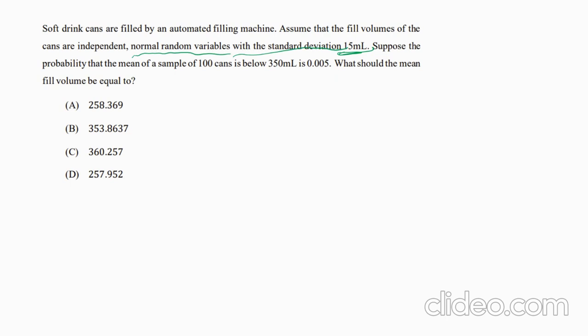Now suppose the probability that the mean of a sample of 100 cans, okay, so n is equal to 100, is below 350 ml is this. And then we want to find what should be the mean.